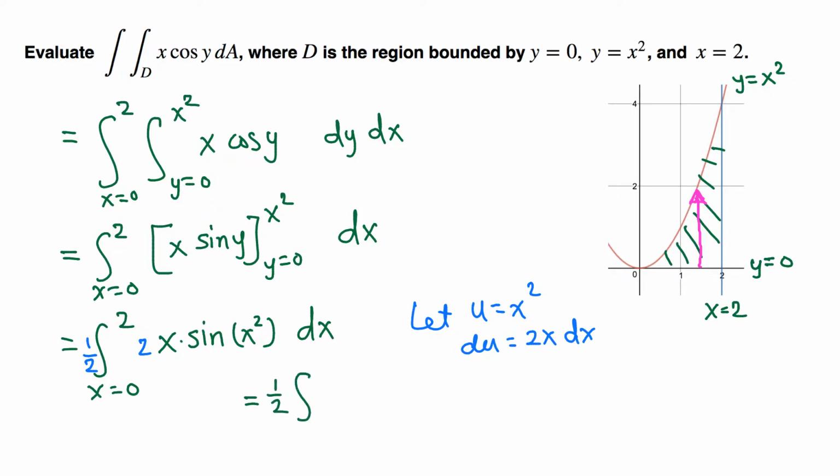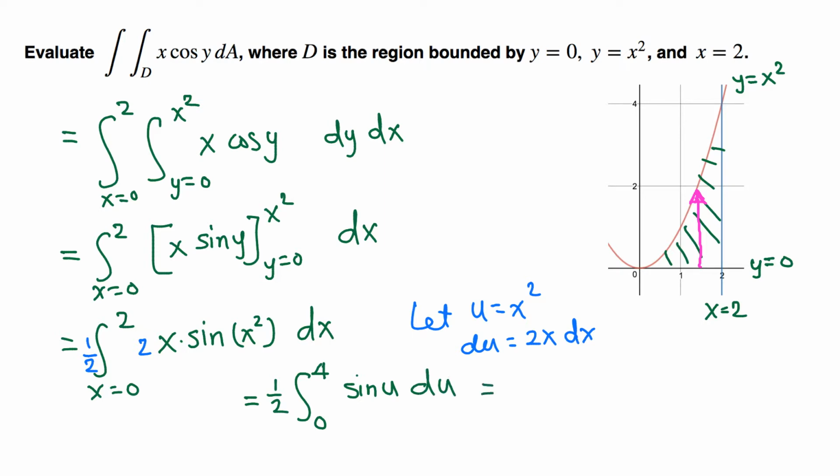When x equals 0, go back here, u equals x squared, so u equals 0 squared, 0, and upper limit 2, so u equals 2 squared, 4, so this will be 4. Inside sine u, and now we are left with 2x dx, that is in fact du.